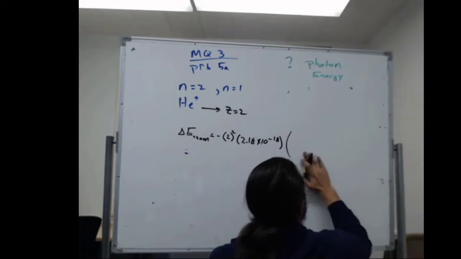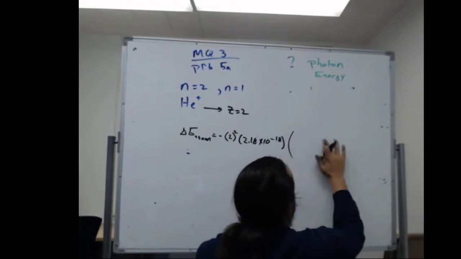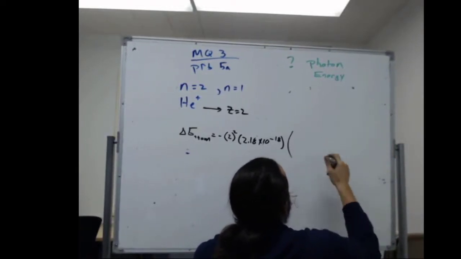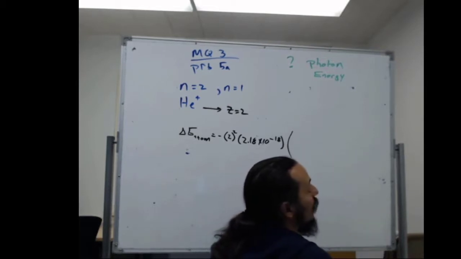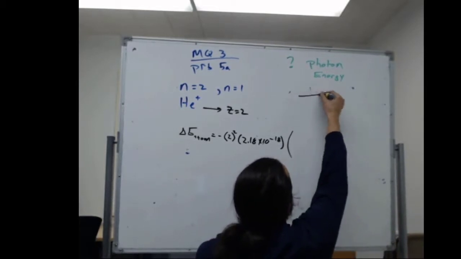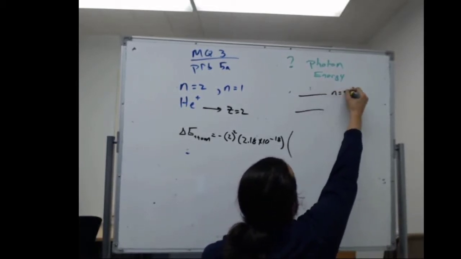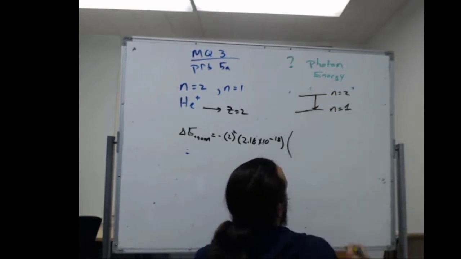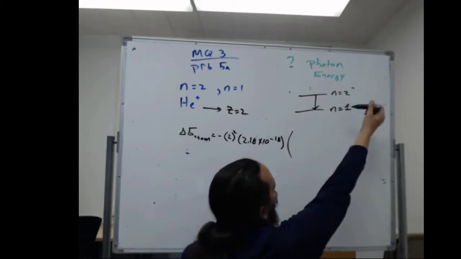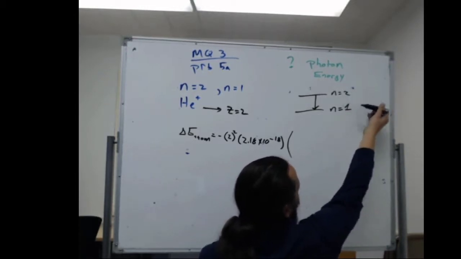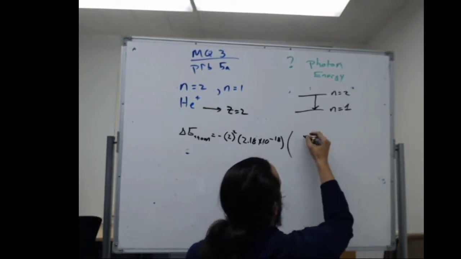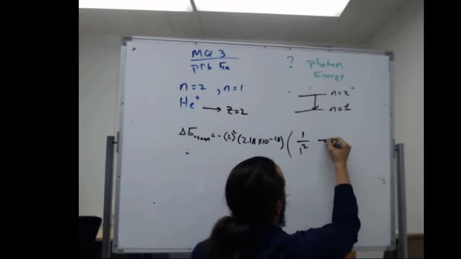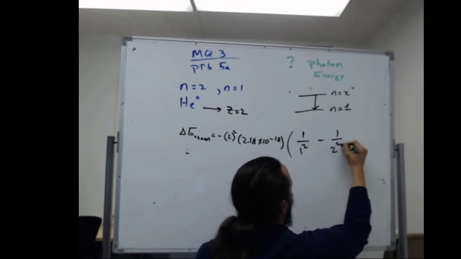Now, there's a couple different things. N equals 2 to n equals 1, so we're going to go from 2 to 1. So that's going to be an emission. That means my initial state is n2, my final state is n1. So I'm going to have a 1 over 1 squared minus 1 over 2 squared.